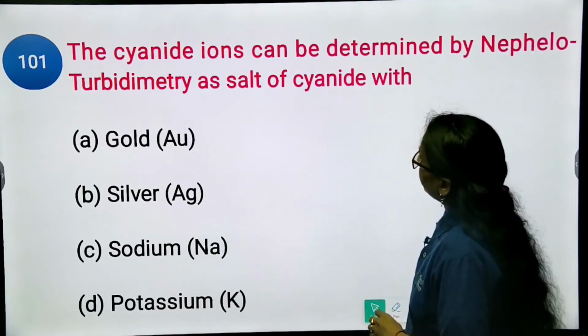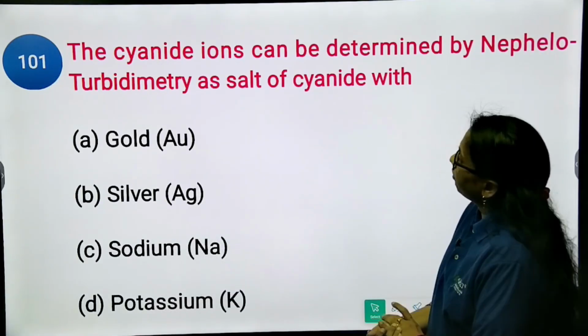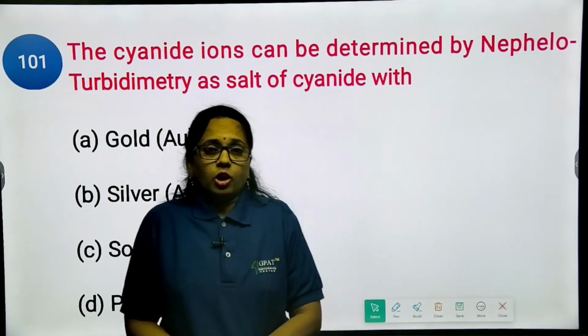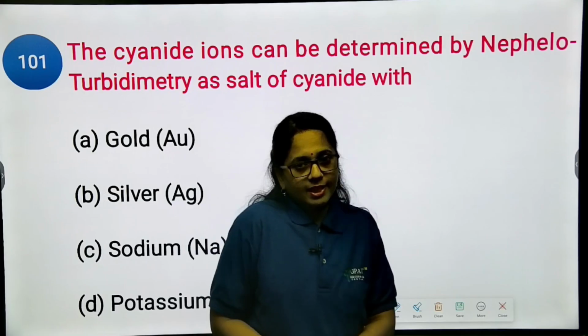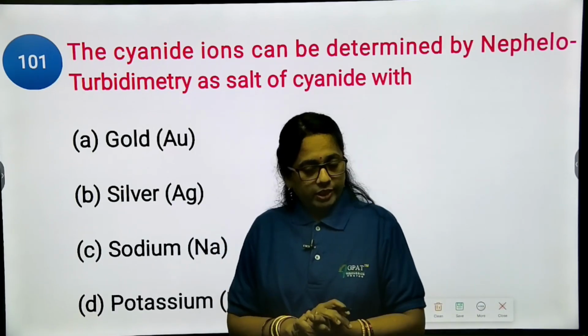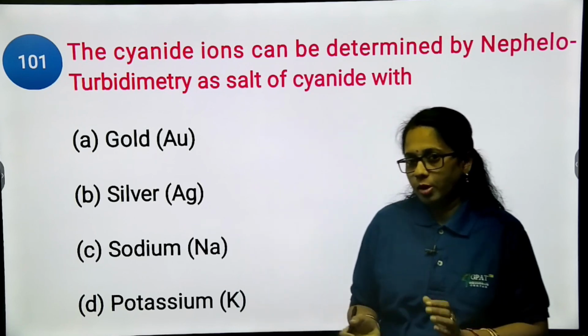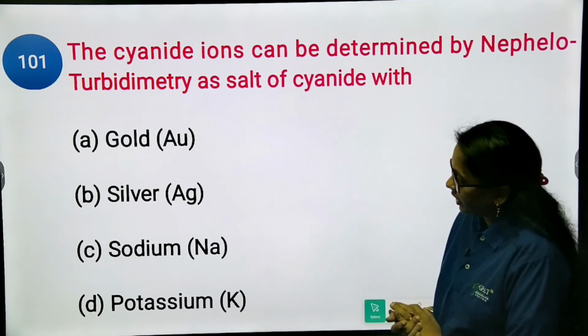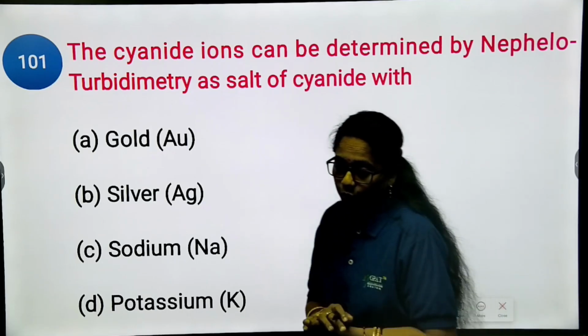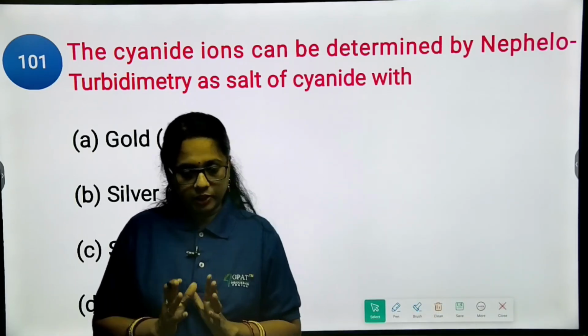The cyanide ions can be determined by nephelo-turbidimetry as a salt of the cyanide. As we all know, cyanide ions can be easily determined by ion exchange chromatography with amperometric detection. That is the most common way of determining the cyanide ion, and the question says cyanide ions can be determined with the nephelo-turbidimetry method also.